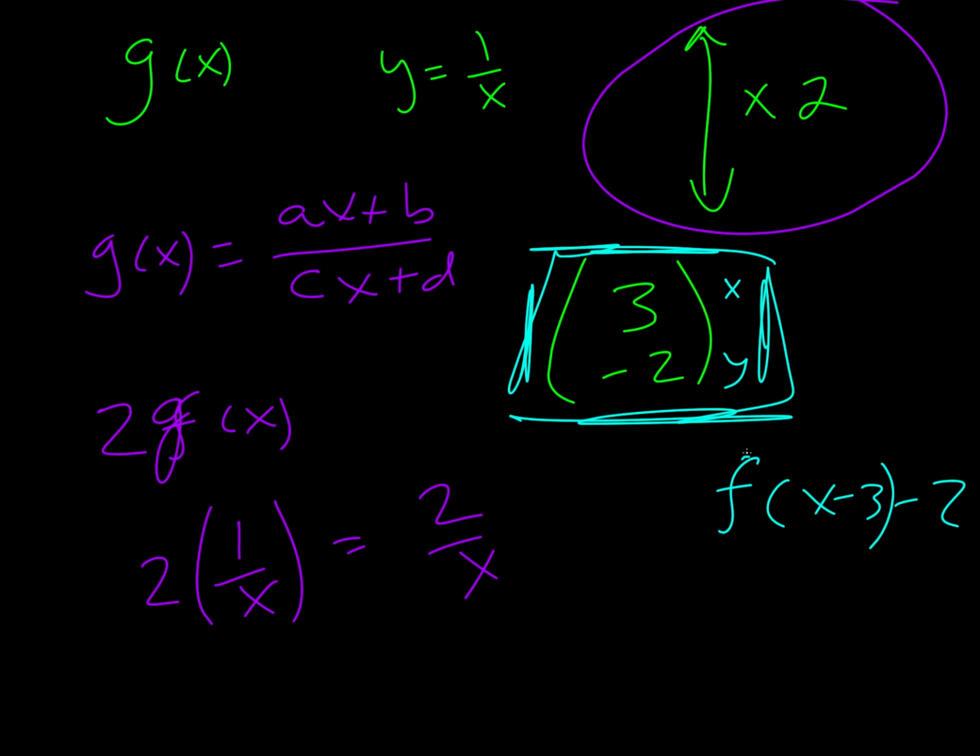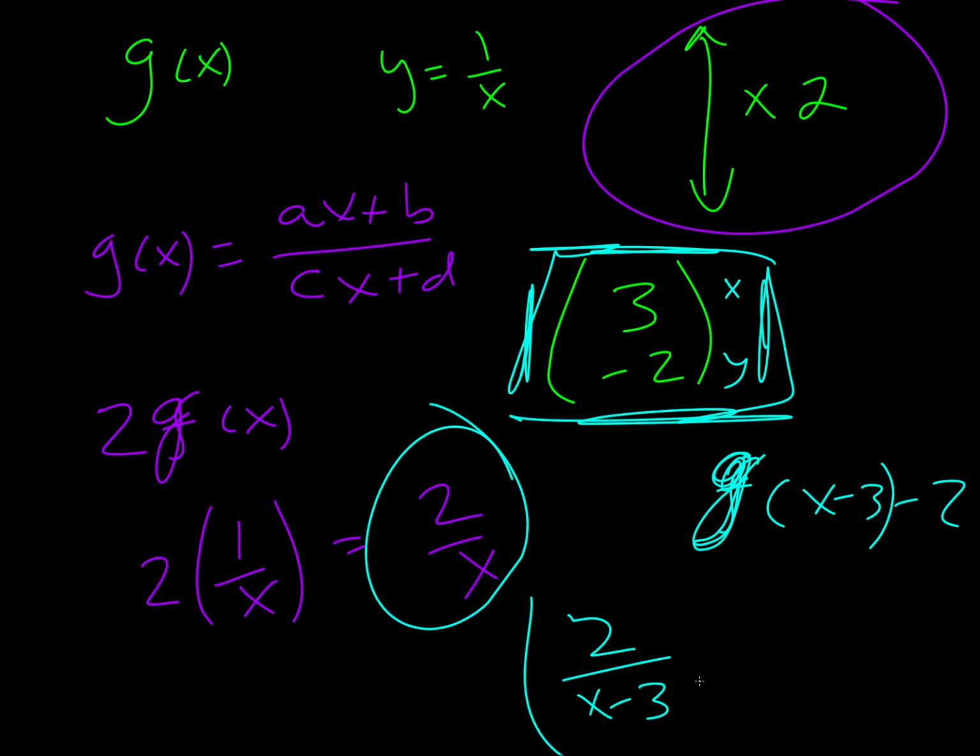And so once again, this is supposed to be g. And so to show that in the formula, we take our current function that we have right here, and we still have our 2, but our x becomes x minus 3. And then we take all of that and we subtract 2. And so we applied this thing right here.